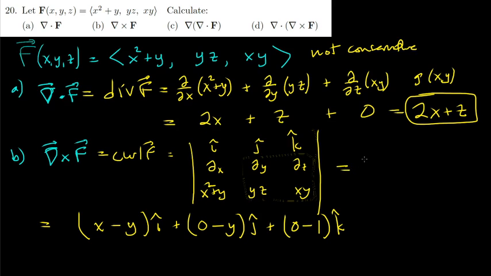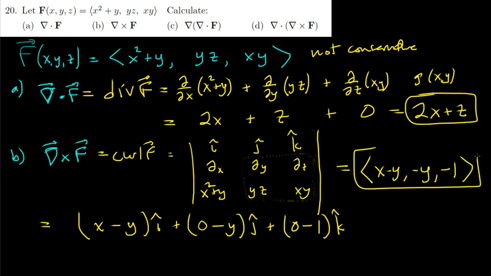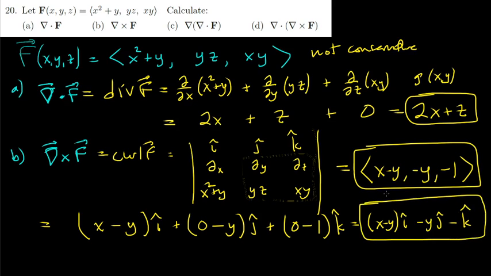So I think we just get the vector x minus y, negative 1. Or if you want to leave it in terms of i, j, and k, x minus y times i, minus y times j, minus k. So, not picky about that.